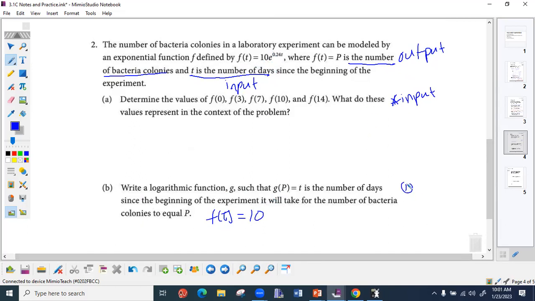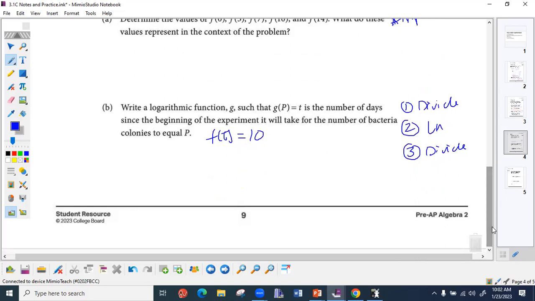Step 1 is to divide. Step 2 is you're going to take the natural log. And then step 3 is you're going to have to divide again. Okay? So in order to get your variable by itself, we're going to divide. And why am I taking natural log instead of common log? Because it's e. Okay? Yes. Because it's e, we're going to take natural log.